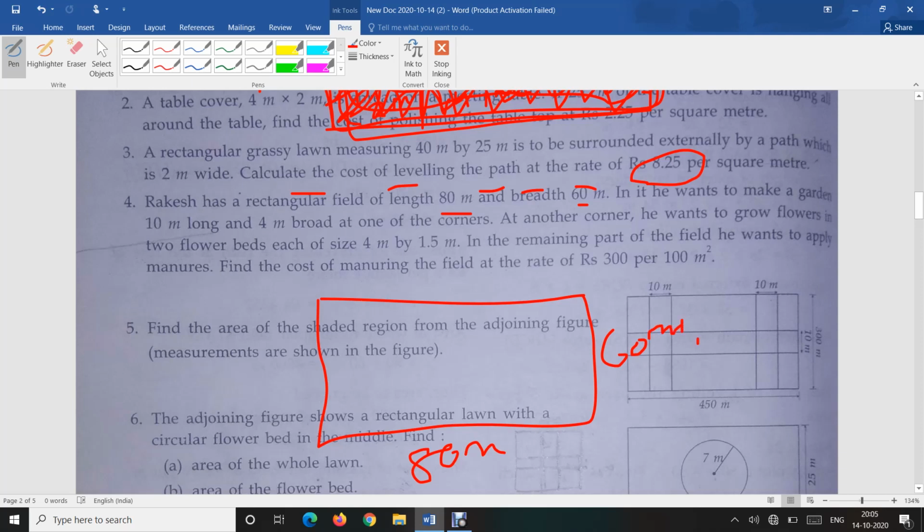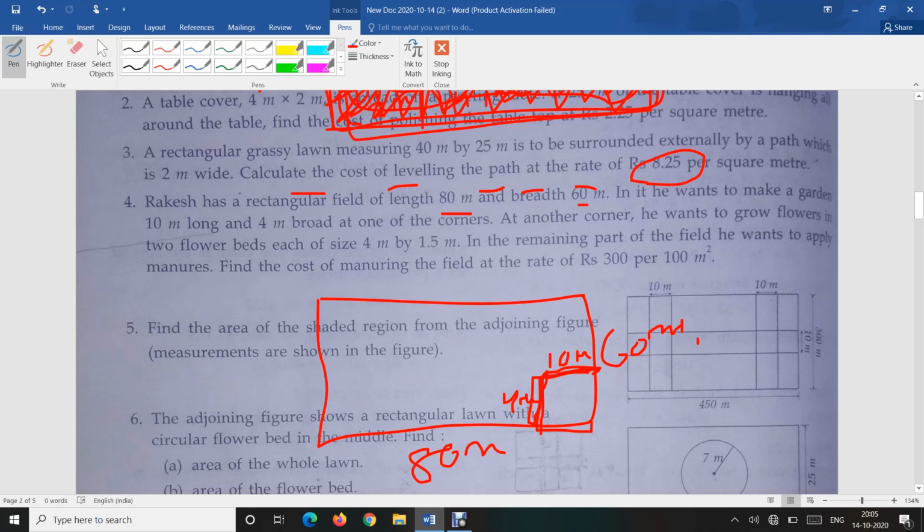In it, he wants to make a garden 10 meter long and 4 meter broad at one corner. Suppose there is the corner, and this is 10 meter long and 4 meter broad. That means it is a rectangular field.